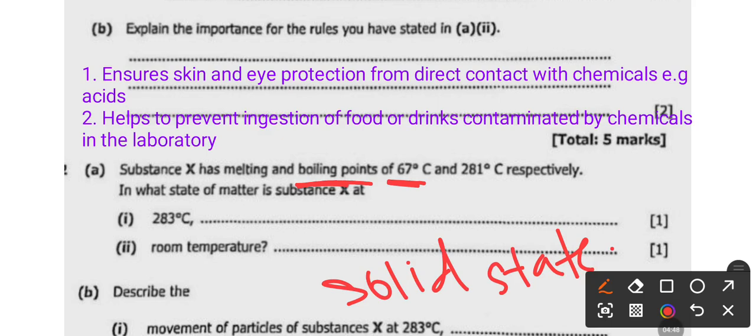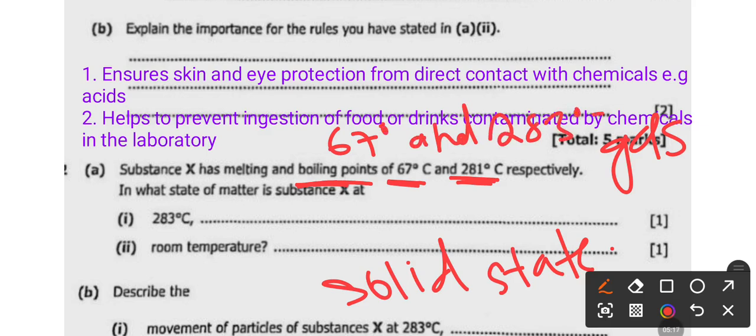Here for substance X, we are told that its boiling point is 281 degrees Celsius, meaning that at any temperature above 281 degrees Celsius, substance X will exist in gaseous state, and at any temperature between 67 degrees Celsius and 281 degrees Celsius, substance X exists as a liquid.